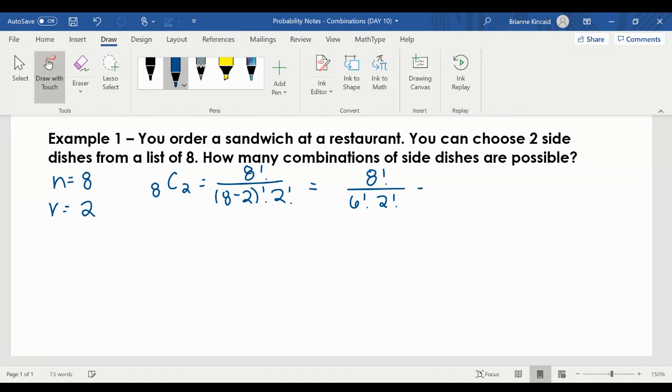So remember, with factorials, it's the integer multiplied by every single integer below it until you get down to 1. I'm going to do the same thing with my 6. Then I also have a 2 factorial, so also times another 2 times 1.